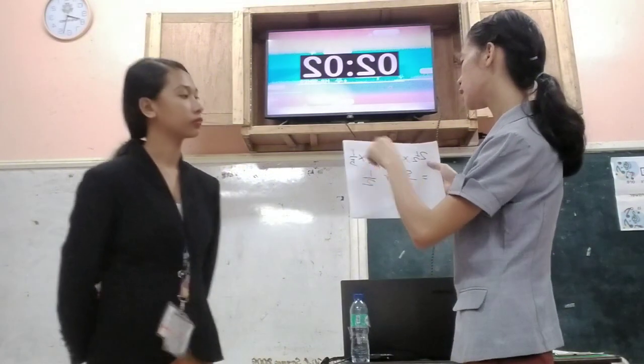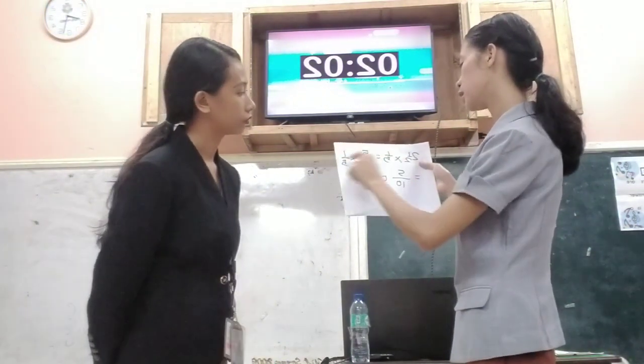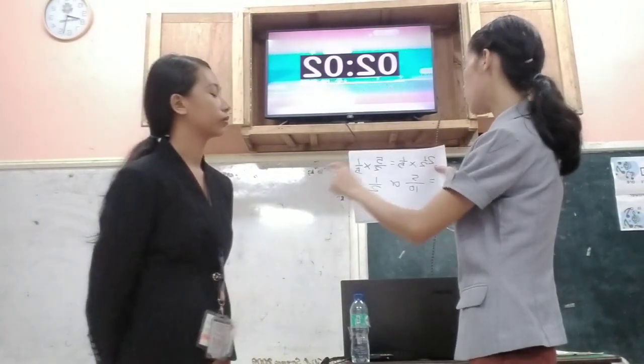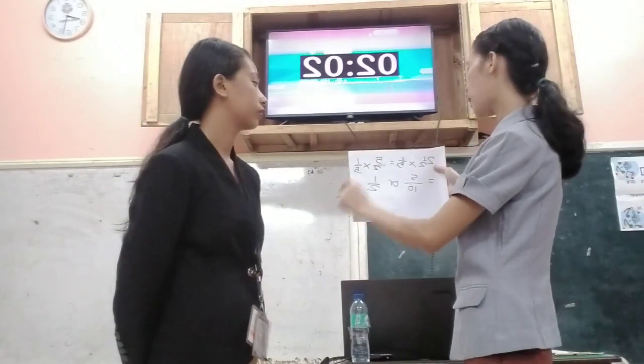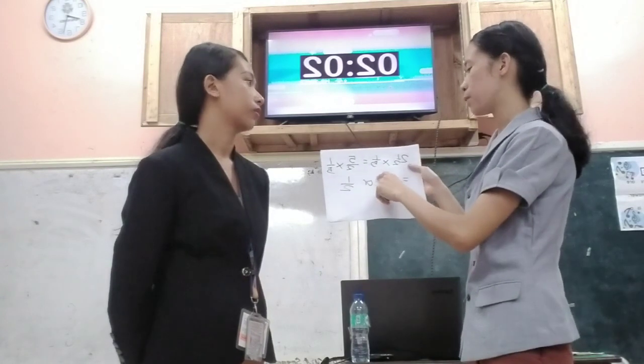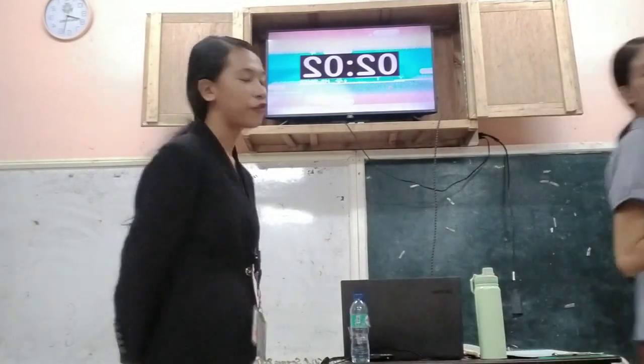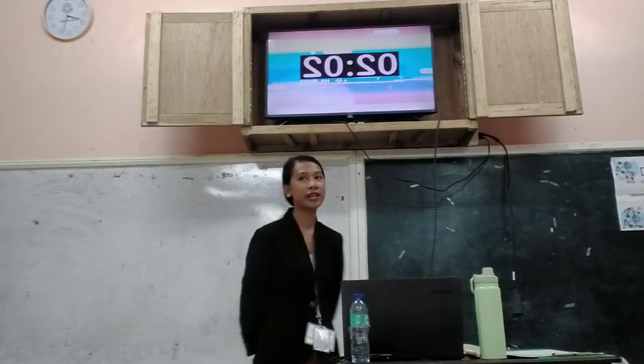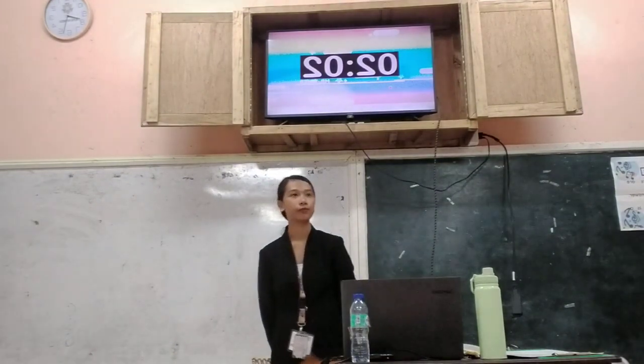So, we will just multiply the numerators and the denominators. 5 times 1 is 5. 2 times 5 equals 10. Or, we will divide it by 5. It will become 1/2. Okay, very good, group 2. Group 1, please give 5 claps to group 2.